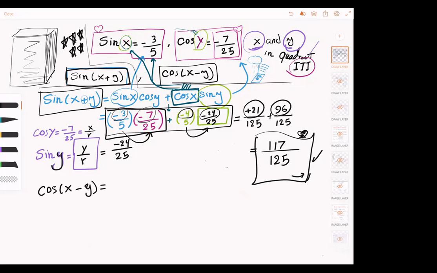You look at the note sheet, you're going to see cosine of x minus y, or a minus b, or alpha minus beta, equal to cosine of x cosine of y plus sine of x sine of y.